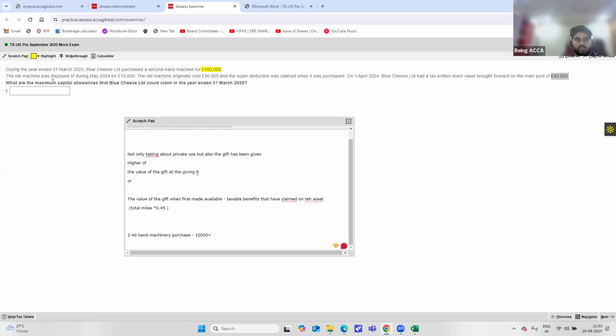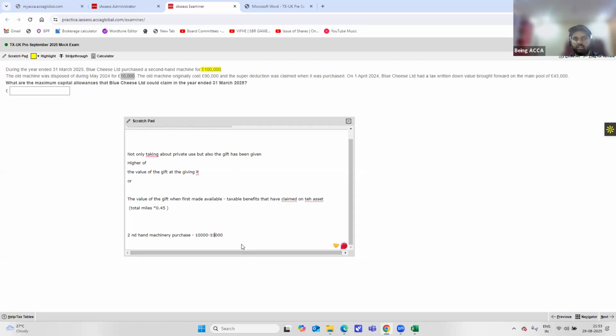Plus, always remember when a super deduction on any machinery disposed was claimed, then all the disposal proceeds that are received will be your tax charge. So they should be deducted from your capital allowances. This is a very important point to remember.